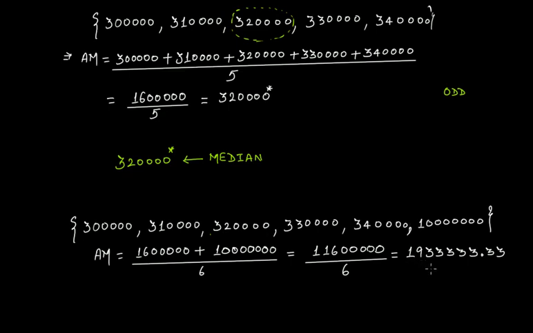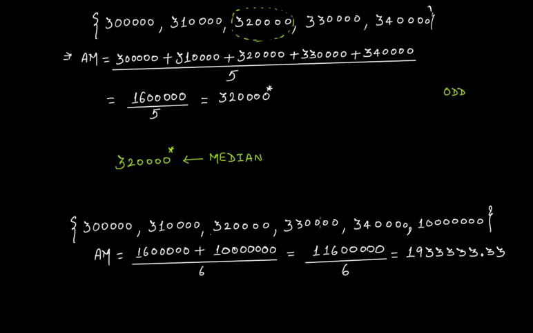Is that correct? No, because most of the people in this group are actually earning between 3 lakh and 3,40,000. Therefore, there is no chance that the average should come around 19 lakh. That's wrong, right? But why did this happen?